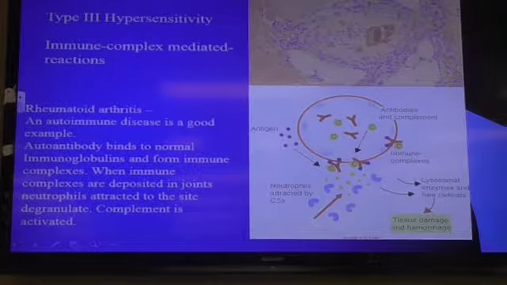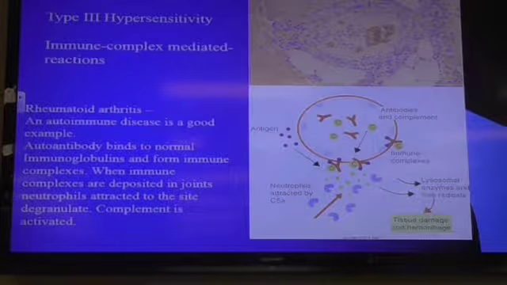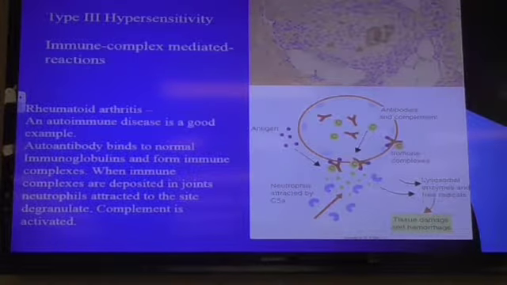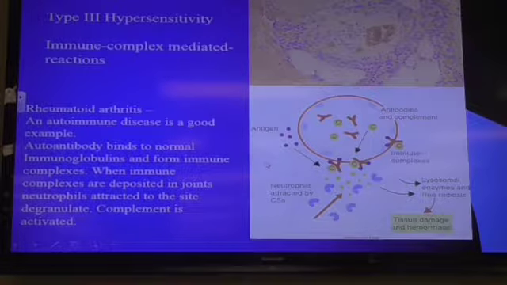So let's go on to see type 3 hypersensitivities, which we call immune complex mediated. These occur usually several hours after the antigens enter the body. A good example is rheumatoid arthritis, an autoimmune disease where the patient develops autoantibodies.